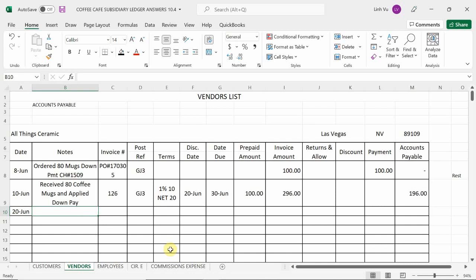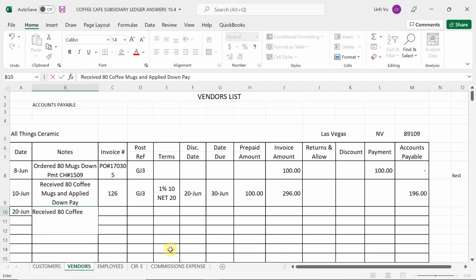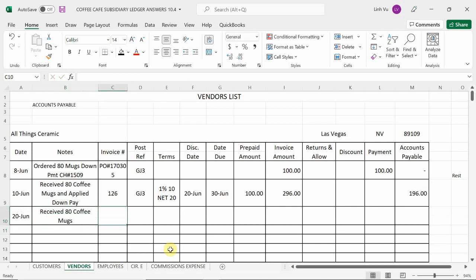So you can say received 80 coffee mugs, no down payment. Invoice 159.